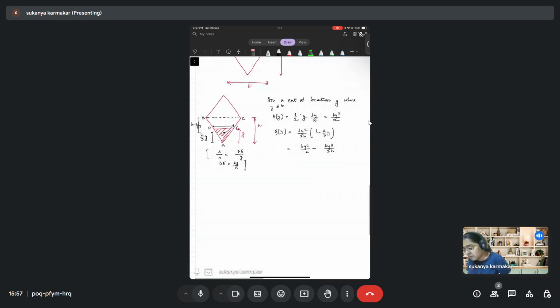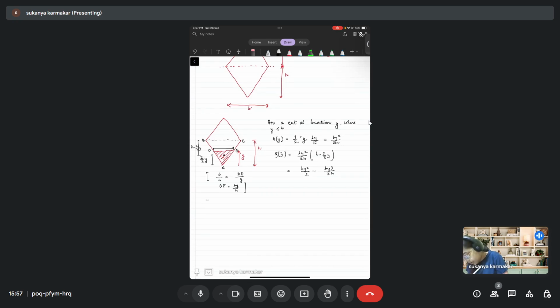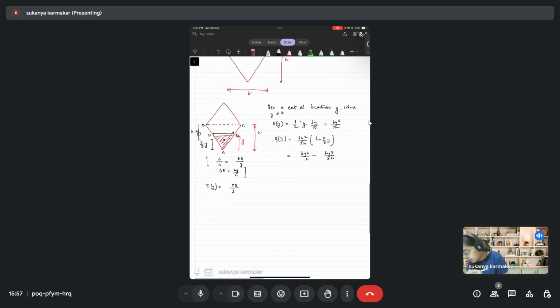Now I want to write down the expression for shear stress. So tau at distance y is VQ by I times the width. Let me call the width t because b is already a parameter in the calculation.